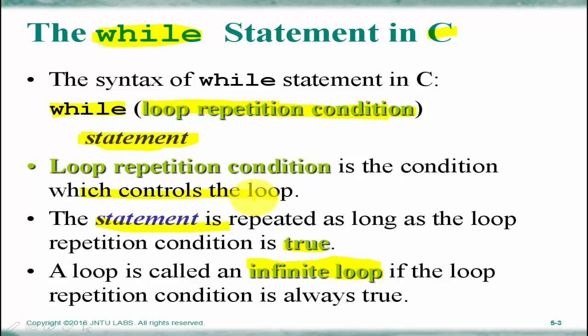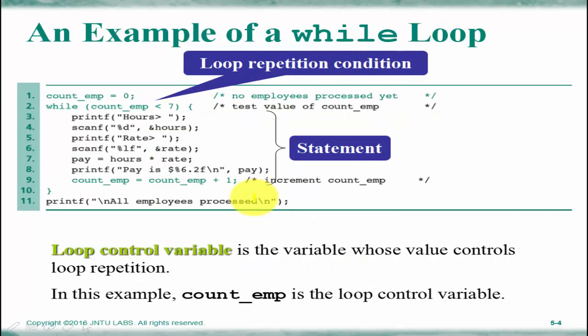Let us see an example. This is an example of a while loop, where count is a variable initialized to 0, and the loop runs while count is less than 7. Since 0 is less than 7, the statements will be executed.